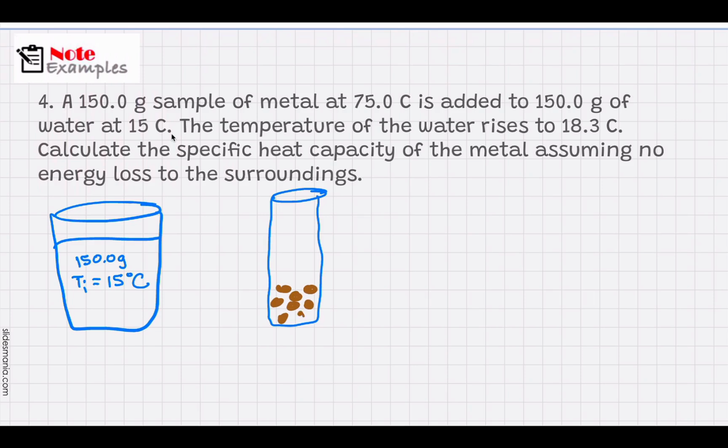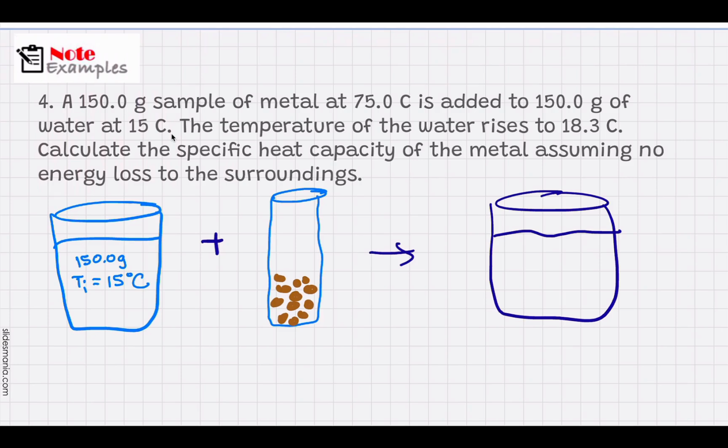We put it in a hot water bath, so we got it hot indirectly. So if you add those, you're going to get that water with the shot, the pieces of metal, and they're hot, they're going to transfer energy into the water.